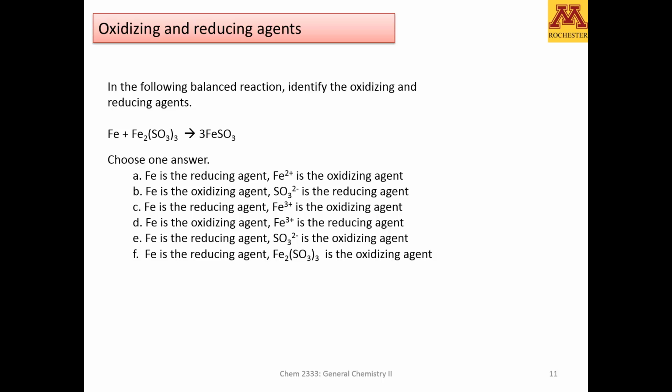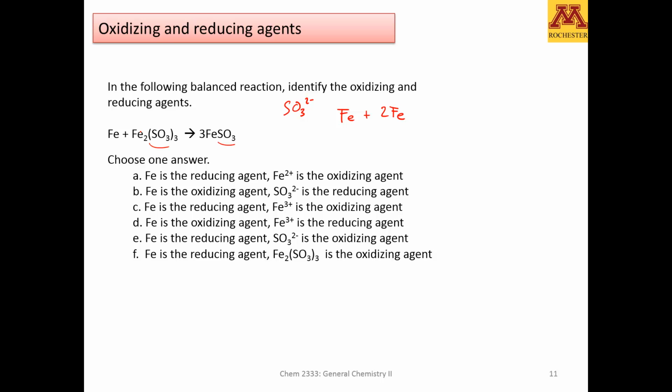We're being asked the same: try to identify the oxidizing and reducing agent. In other words, split this redox reaction into an oxidation half reaction and a reduction half reaction. First of all, these two are ionic, so you may want to write this reaction in ionic form so that you don't get confused with the irons.